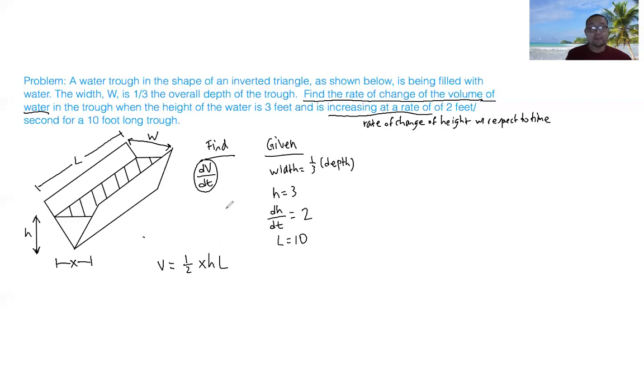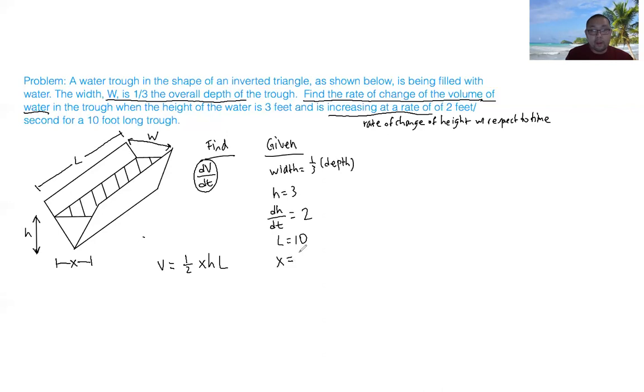And now we were told that the width, right, the width is 1/3 the overall depth of the trough, okay? And we kind of wrote this here. What this means is that the width of your water, not the entire trough, just the water, I'm going to write this down here.